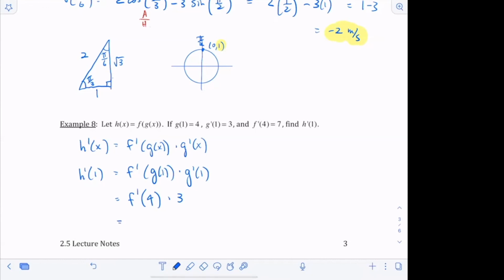And then f prime of 4 is given right here. So that's going to be 7 times 3. So you get an answer of 21. So this is really just writing in the chain rule and then substituting in the numbers. There's nothing fancy about that.